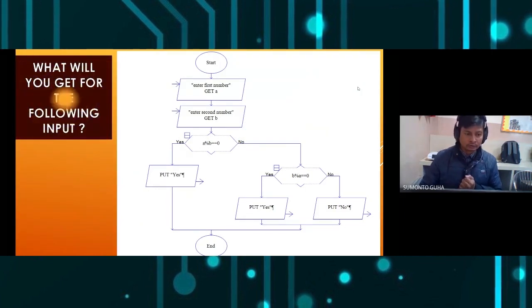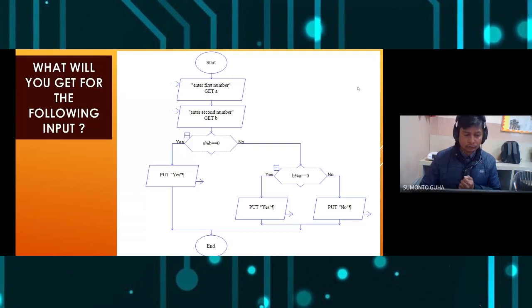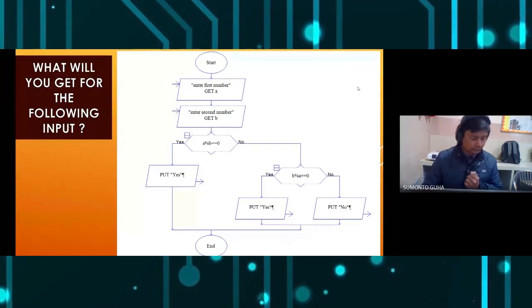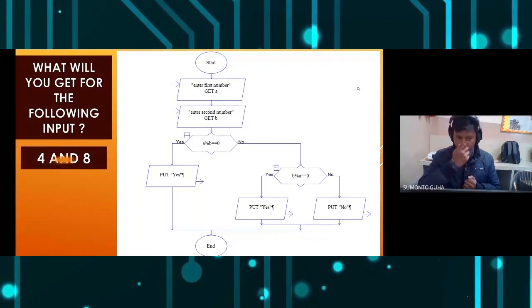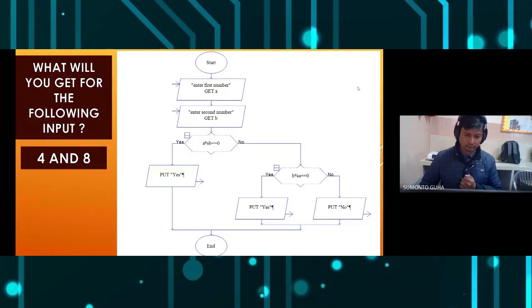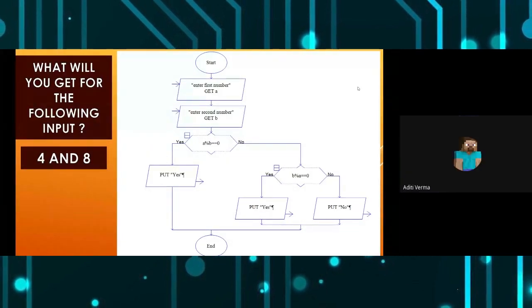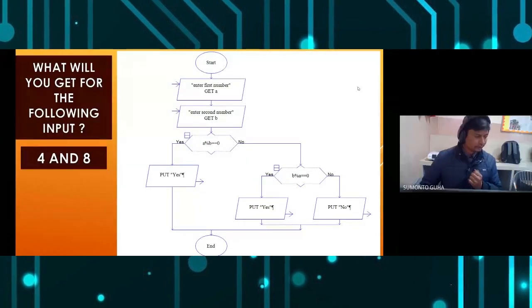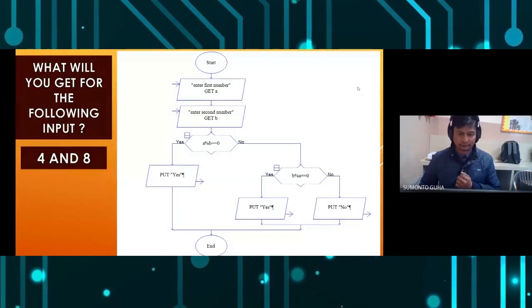Now you have to tell what you will get for the following input. Not Abhyuday, not Kanishak, not Sarthak. Somebody else can give the answer. Suppose we input 4 and 8. What will you get on the screen? Yes, Vaibhav Singh. The output will be yes.